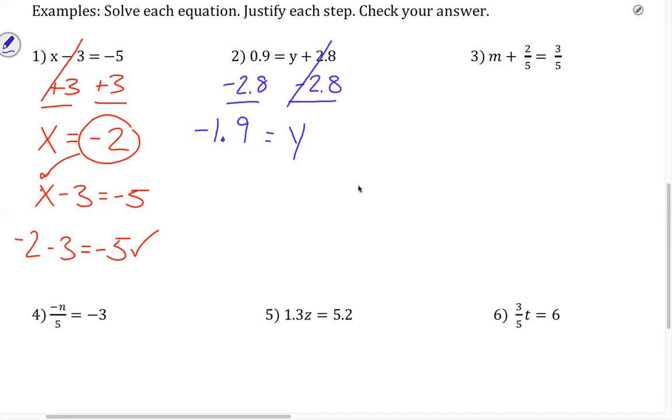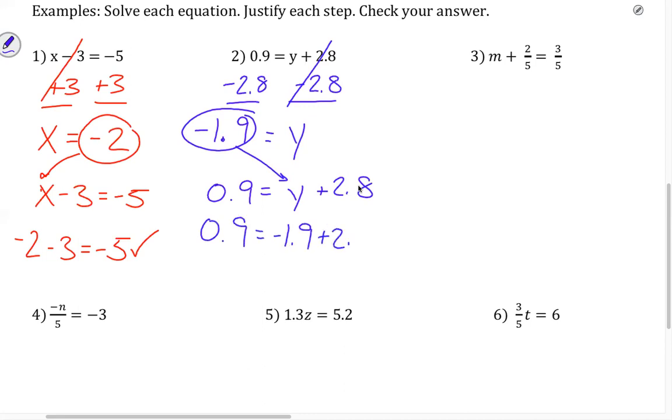To check this, I write my original equation, plug in what y is equal to, and do -1.9 plus 2.8, and I get 0.9 equals 0.9.